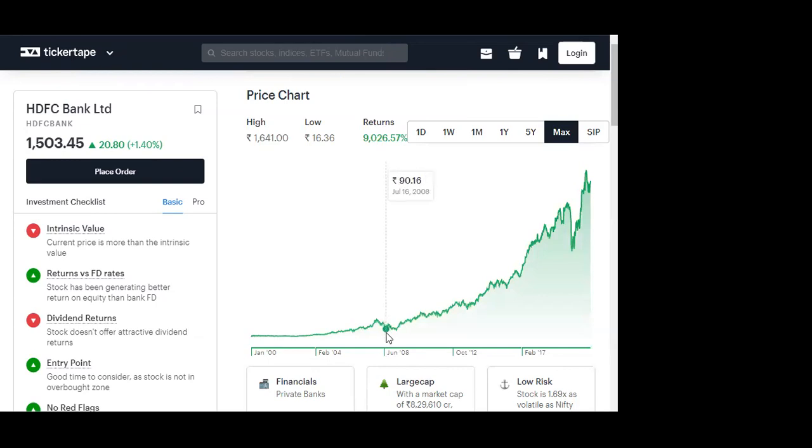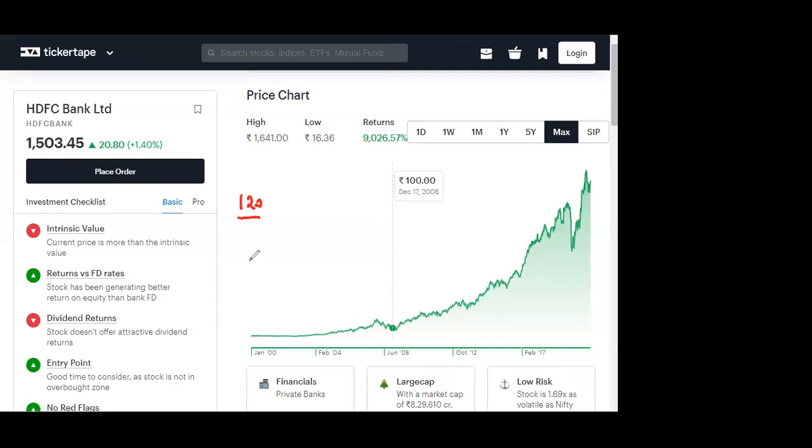What was the price around 2008, 2009? Tell me. In August 2008, what was the price? 120 rupees, around 120. Okay, so I will keep it as 120 rupees.